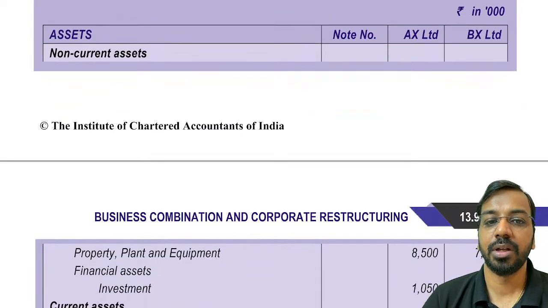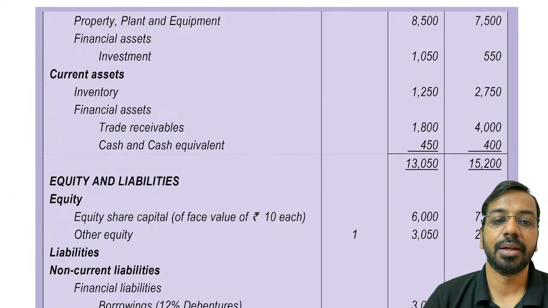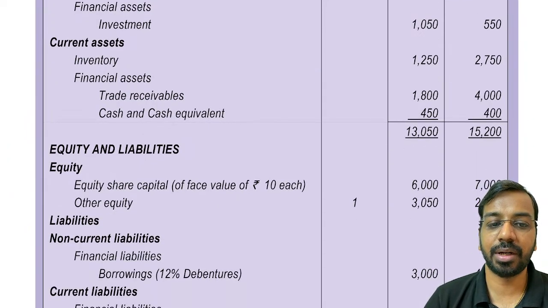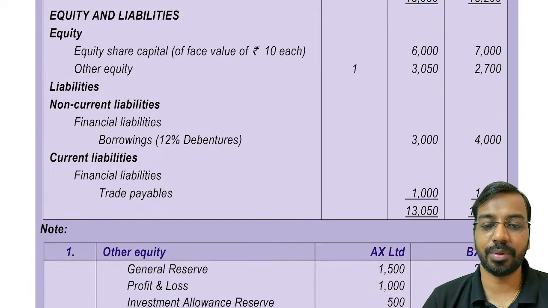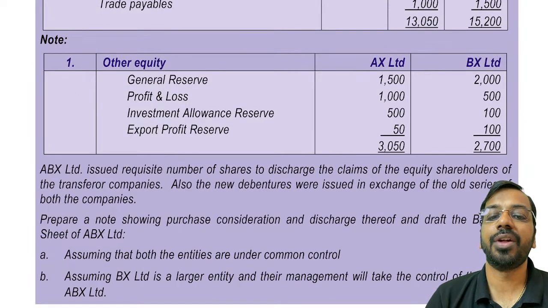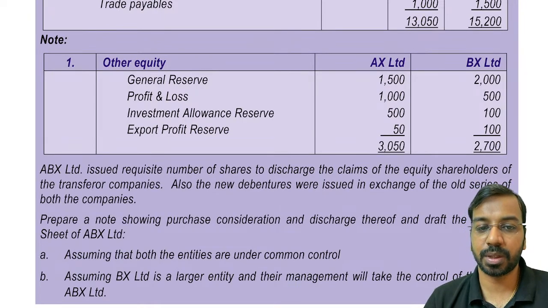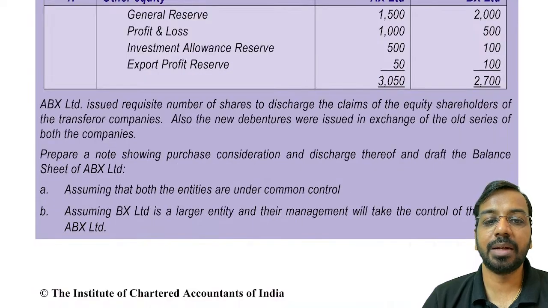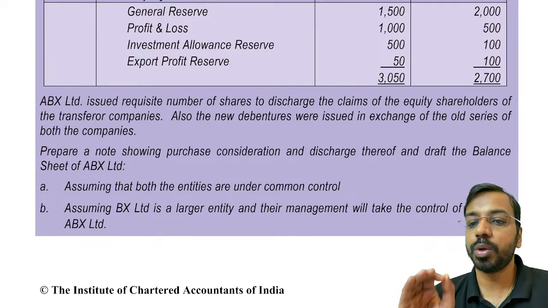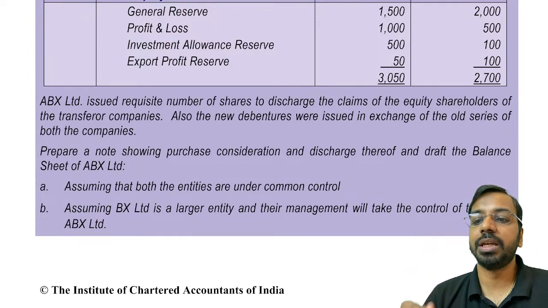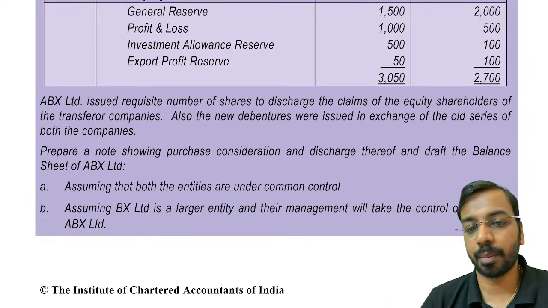Assets, you have PPE, financial assets, investment, then current assets; equity and liabilities, in which you have equity, non-current liabilities and current liabilities. Then you have the breakup of other equity: general reserve, P&L, investment allowance, export profit allowance and all of that. ABX Limited issued the requisite number of shares to discharge the claims of the equity shareholders of the transferor companies.